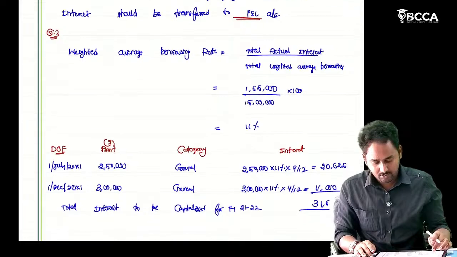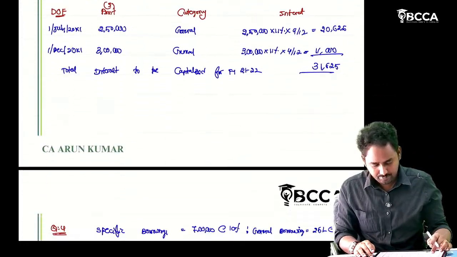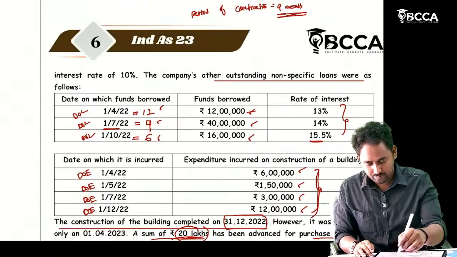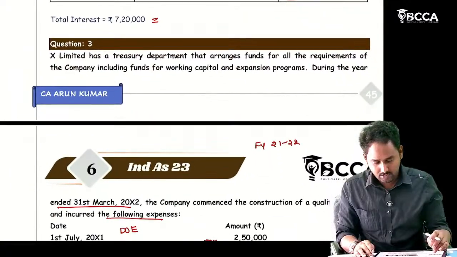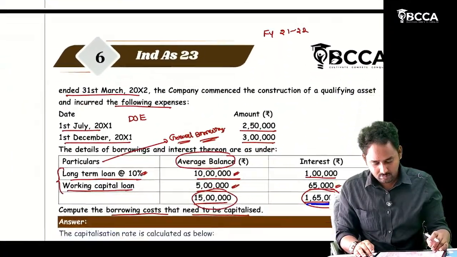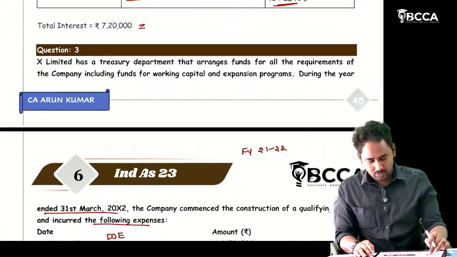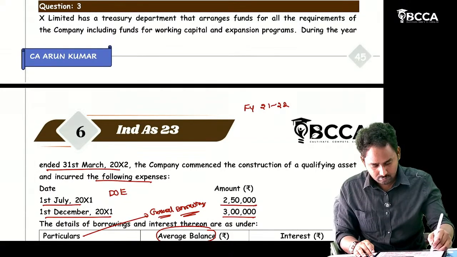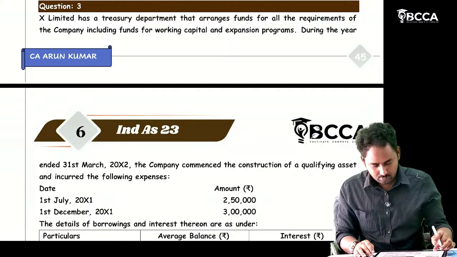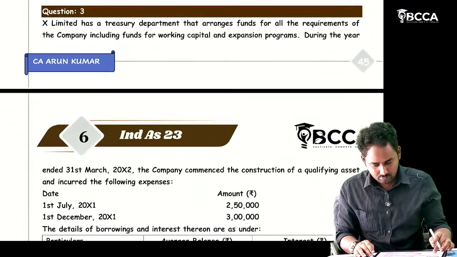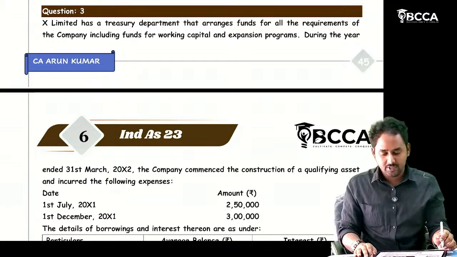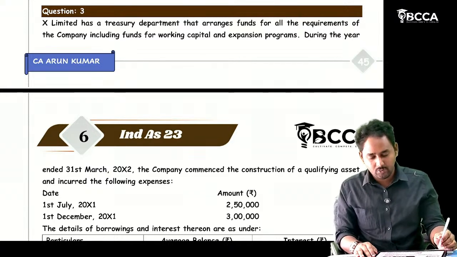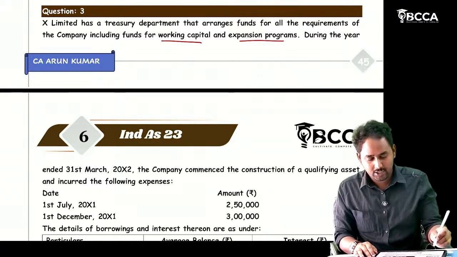Then open question number 3. What is question number 3? X Limited has a treasury department that arranges the funds for all the requirements of the company, including the fund expansion program.